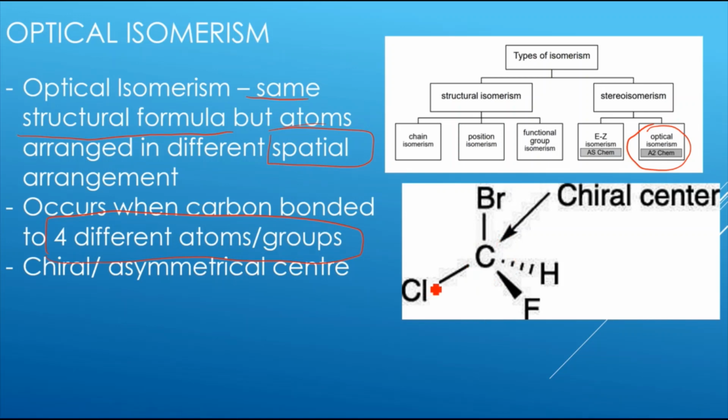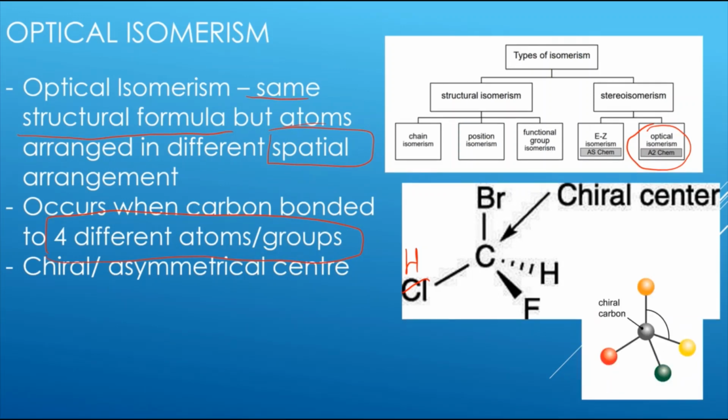If instead of chlorine this had hydrogen, then this would not be a chiral center, as it would be bonded to 2 same groups. Remember that it's a tetrahedral shape because it's 1 atom bonded to 4 different groups, so that would have a bond angle of 109.5 degrees.